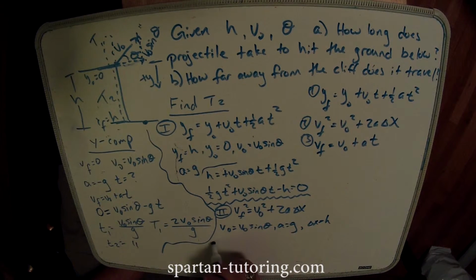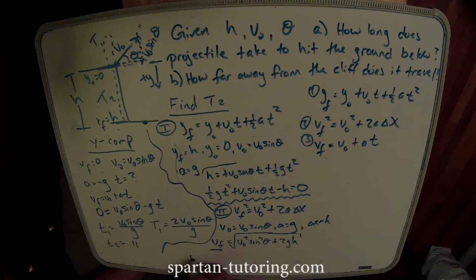So I have that Vf is going to be the square root of v naught squared sine squared theta plus 2gh. Once you find the final velocity, we plug it into equation 3.